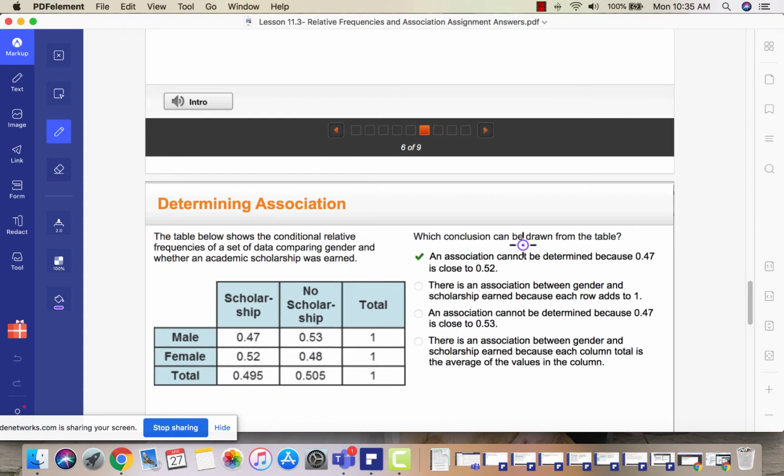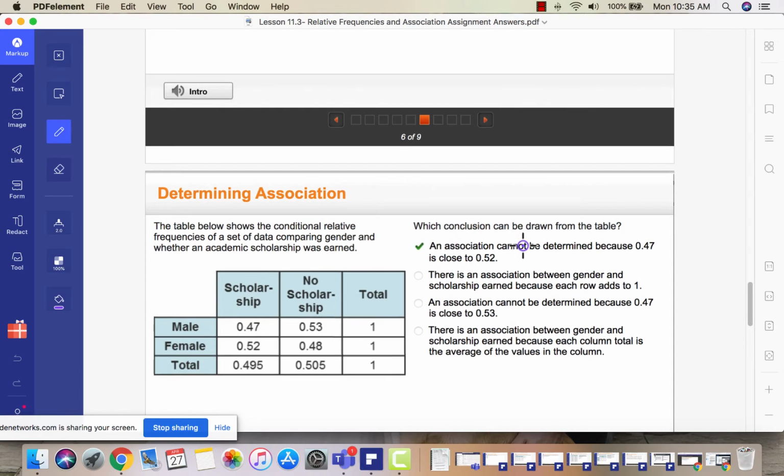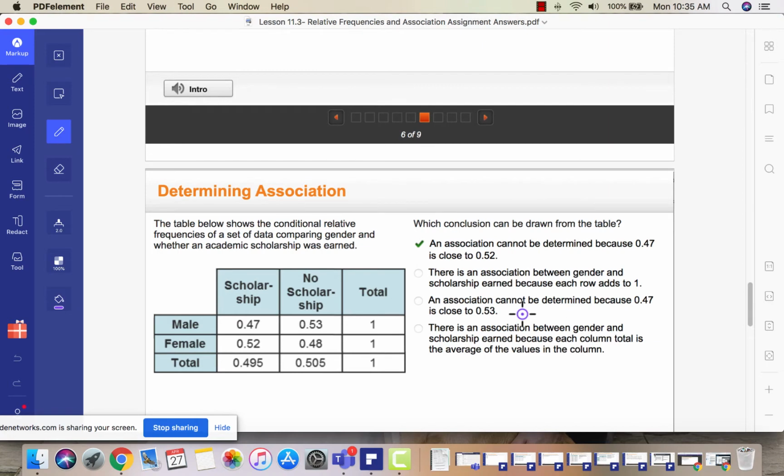The table below shows the conditional relative frequency of a set of data comparing gender and whether the academic scholarship was earned. Which conclusion can be drawn from the table? One option says that an association cannot be determined because 0.47 is close to 0.52.